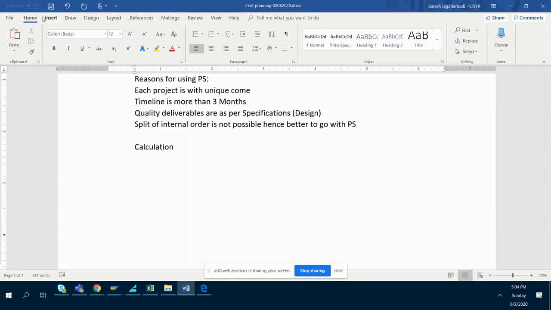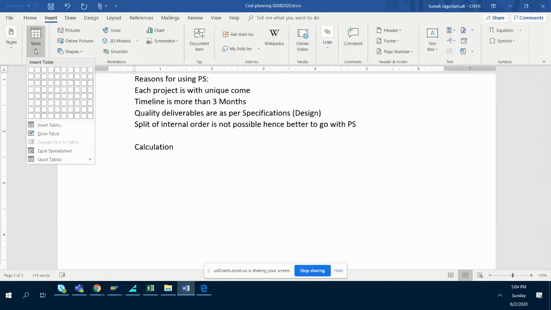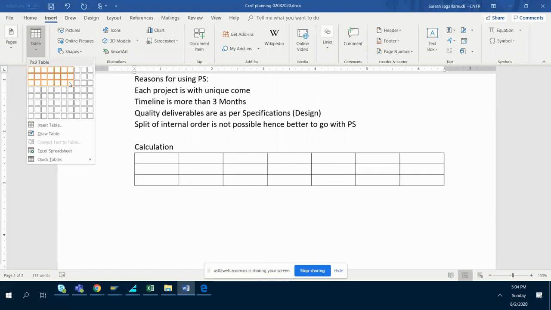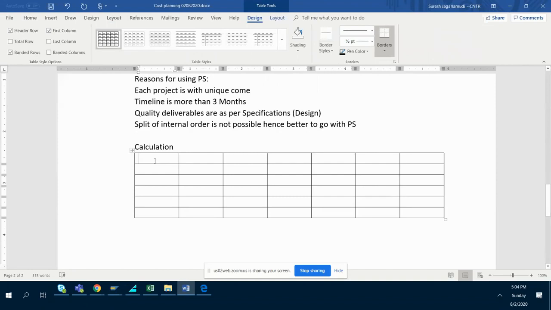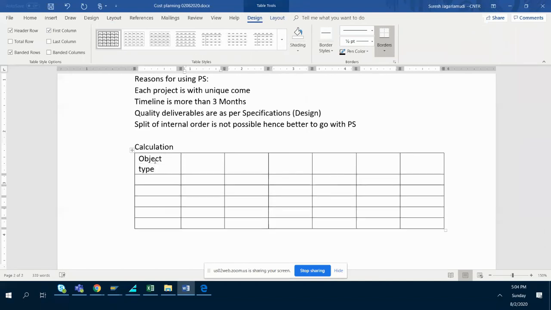So here it is a calculation sheet. I'll insert a table and create a few columns so that we all can see: object type, unit of measure, price per unit, planned units, and price.